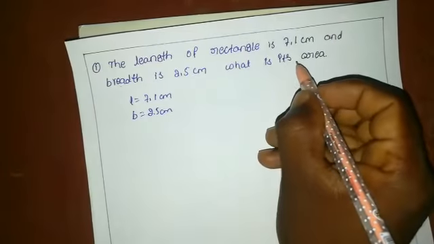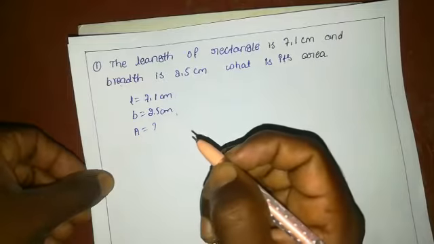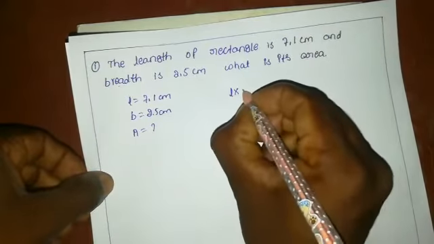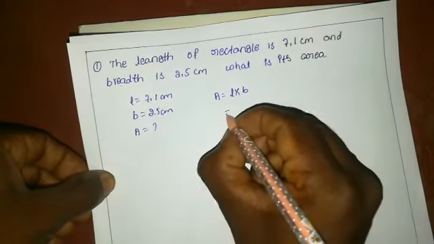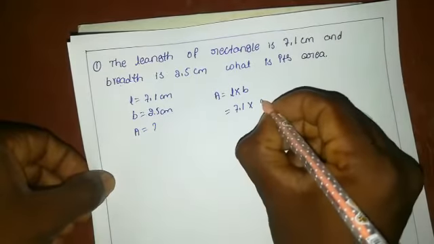What is its area? It means we have to find the area of the rectangle. We know the formula: area of rectangle is equal to length into breadth. Length is 7.1 into breadth 2.5.